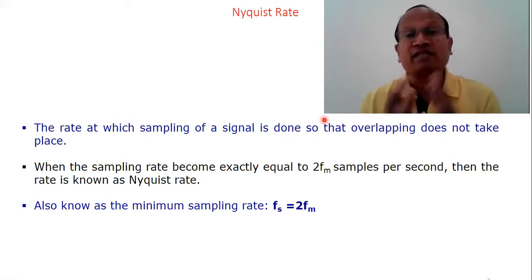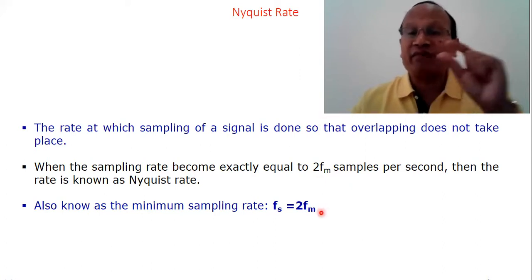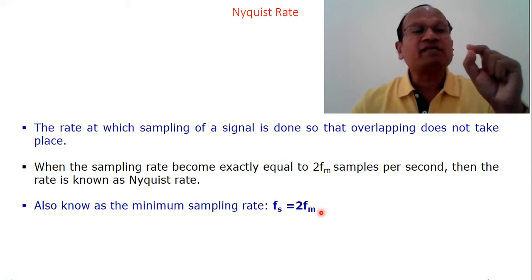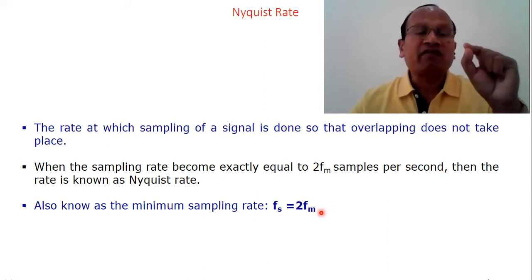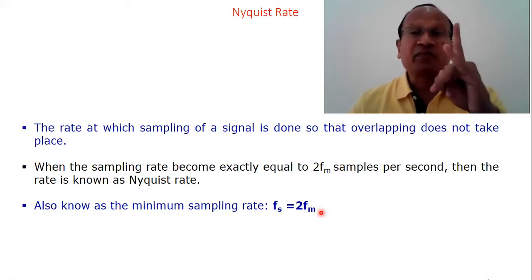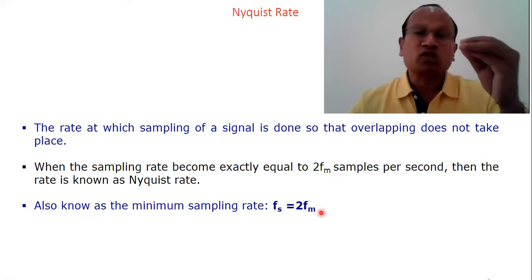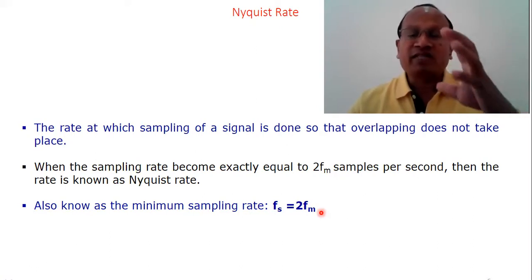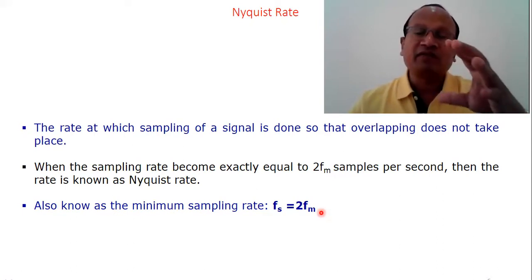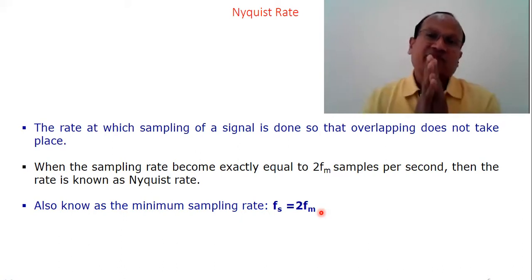There is a rate called the Nyquist rate, which is twice fm. What is fm? fm is the maximum frequency of the message signal which we want to modulate, which we want to encode. So the Nyquist rate says that the sampling frequency is double the maximum frequency of the message signal.